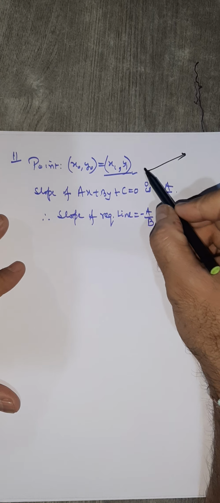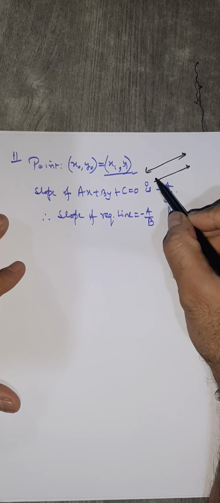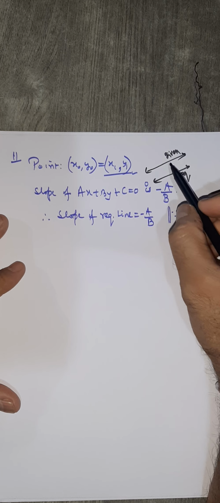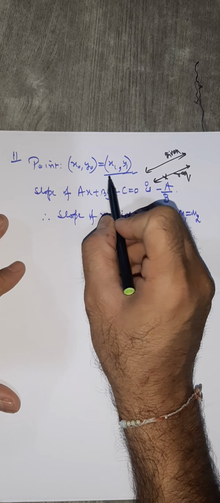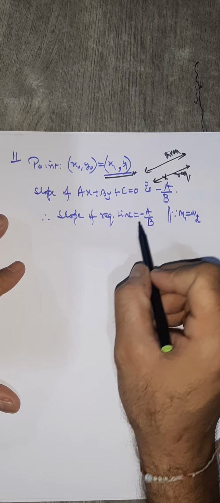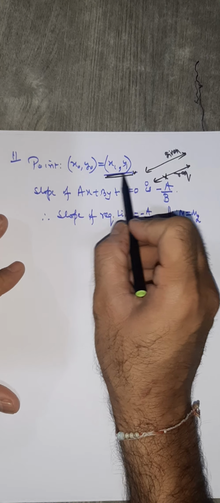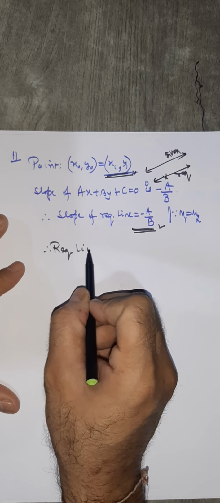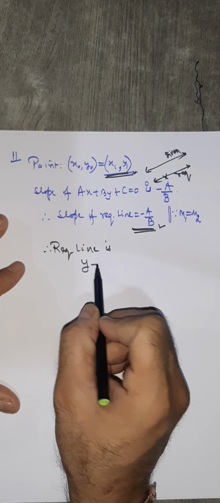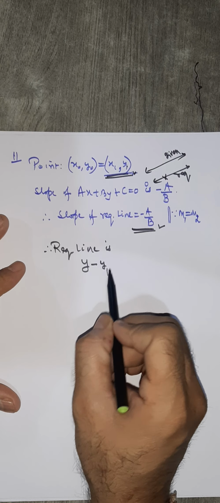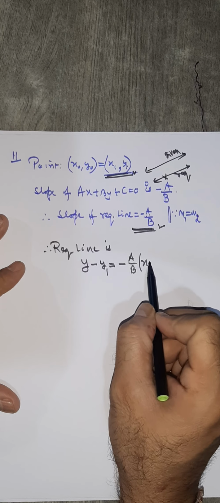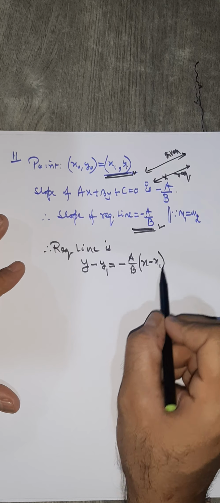It's like this. For example, this is a given line and this is our required line. Given and required. These two are parallel and this passes through this fixed point. So you have a point and a slope, so you can use the point slope form. So the required line is y minus y0, where y0 is y1 here, equals slope minus a by b into x minus x0, which is x1.